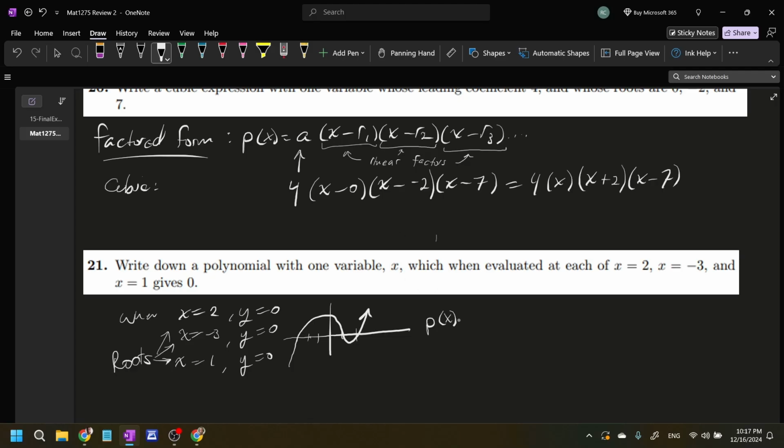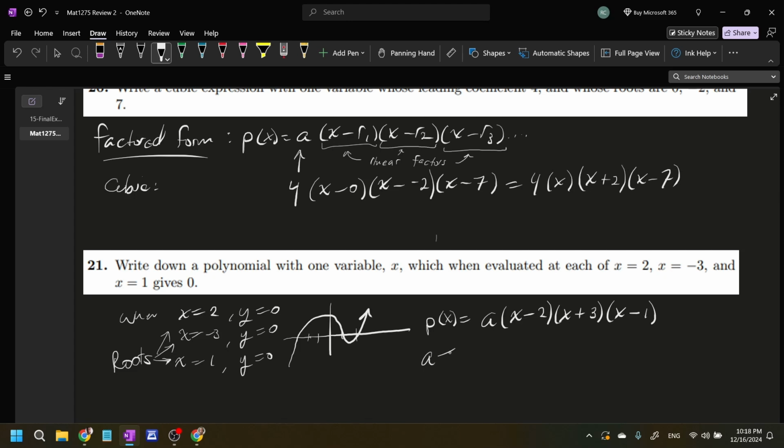Polynomial p of x equals a times x minus root 1, which is 2, x minus root 2, which is -3, so I'm going to write that as plus 3, and x minus root 3, which is 1. They don't tell us what a is, so the easiest thing would be to make a 1.